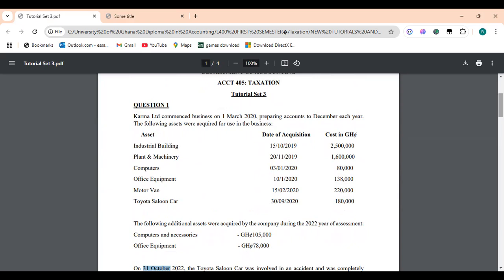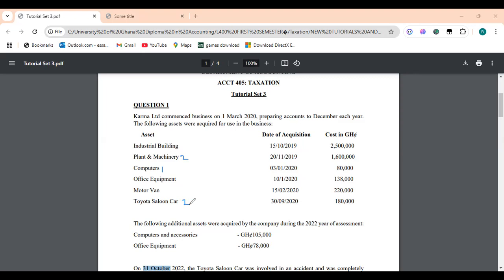Right. So looking at this, we have computers and accessories here, which will be in pool one. Then for pool two, you have plant and machinery here. We will also have the Toyota saloon car in pool two.